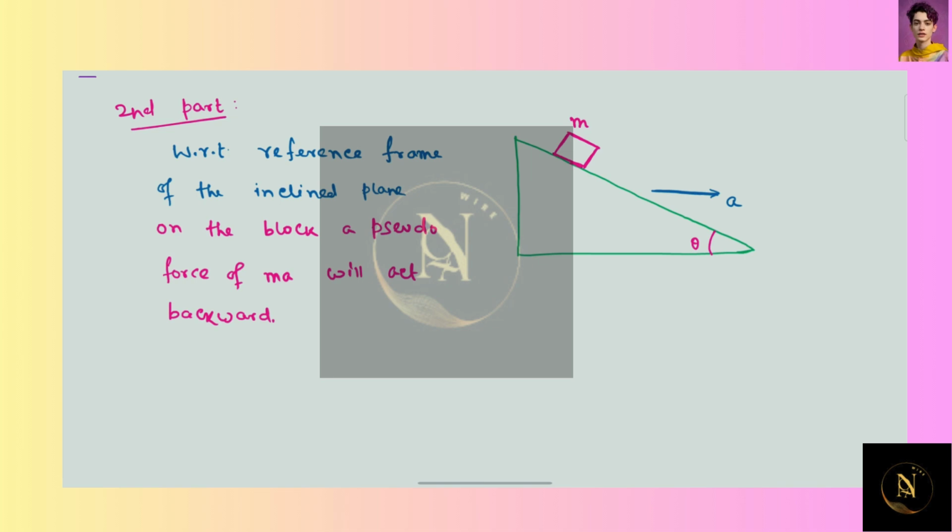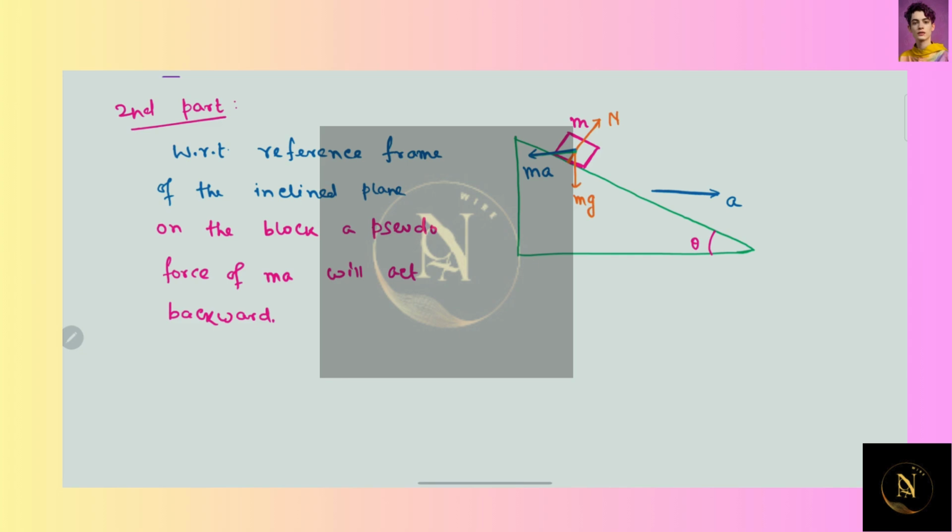Thus, if we see all the forces acting on this small block m, its weight would be acting downward, which is mg. A normal reaction force will be acting on this block perpendicular to the inclined plane, which is, let's say, N. And as I said, a pseudo force will be acting on this block with respect to the reference frame of the inclined plane, and that will be m into a.